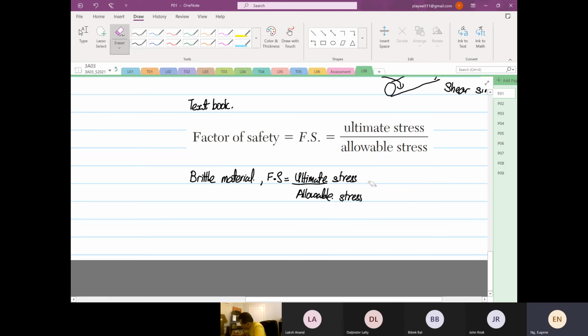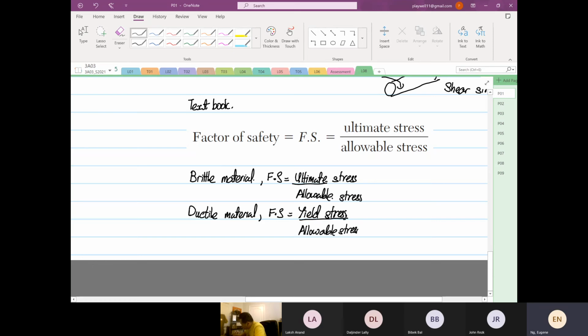However, when you're working with ductile material, the factor of safety is equal to yield divided by allowable. Anyone will tell me why, please?